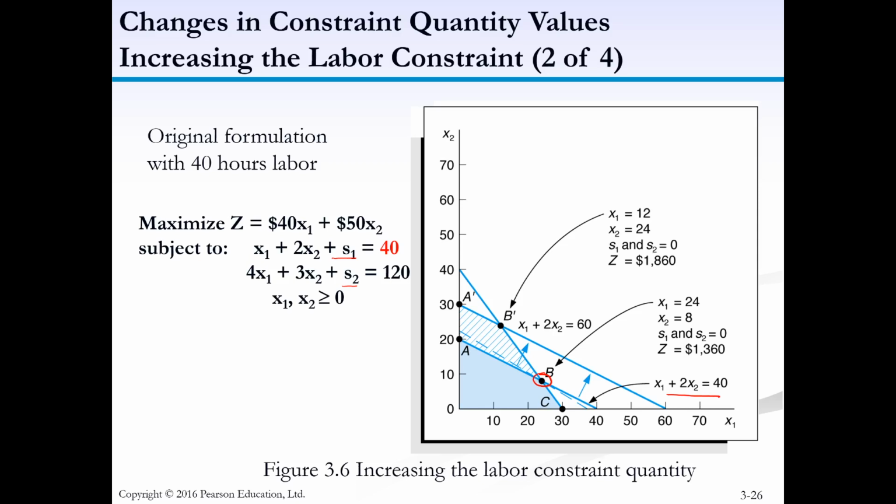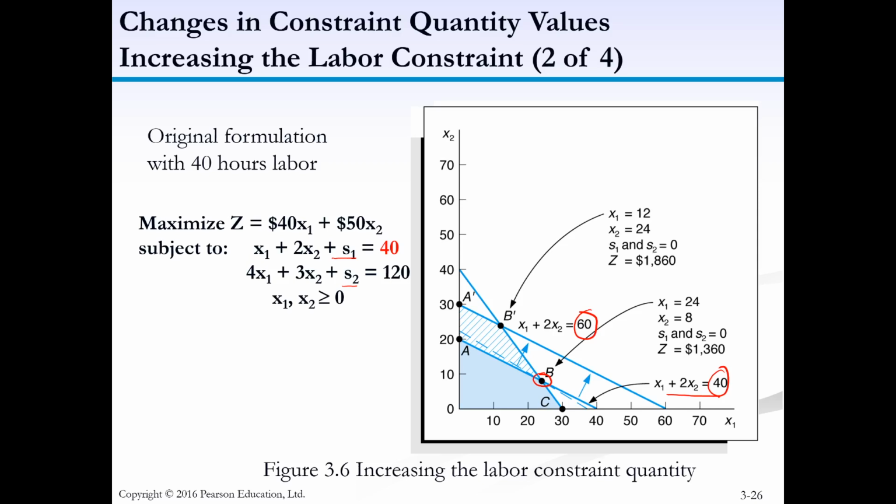As we move away, we have another constraint line shown, which is parallel to this one. We have moved the right hand side from 40 to 60, and since we have not changed the technological coefficients, the slope of the constraint remains the same.